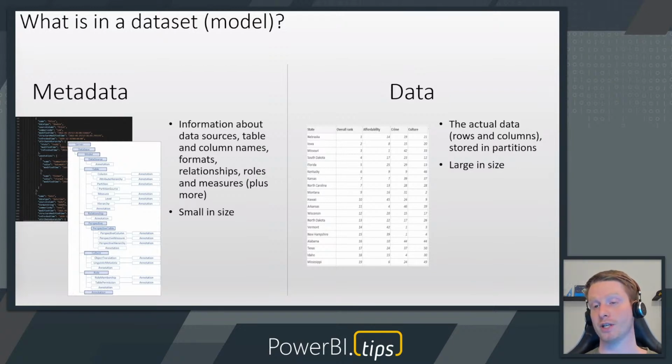And how do we do that without actually reducing the data in the report? We take advantage of the compression methods. This is what we call the xVelocity, more commonly known as the VertiPaq engine. It does all these compressions on the data to make sure it's in a nice state, and it keeps it nice and small and efficient.